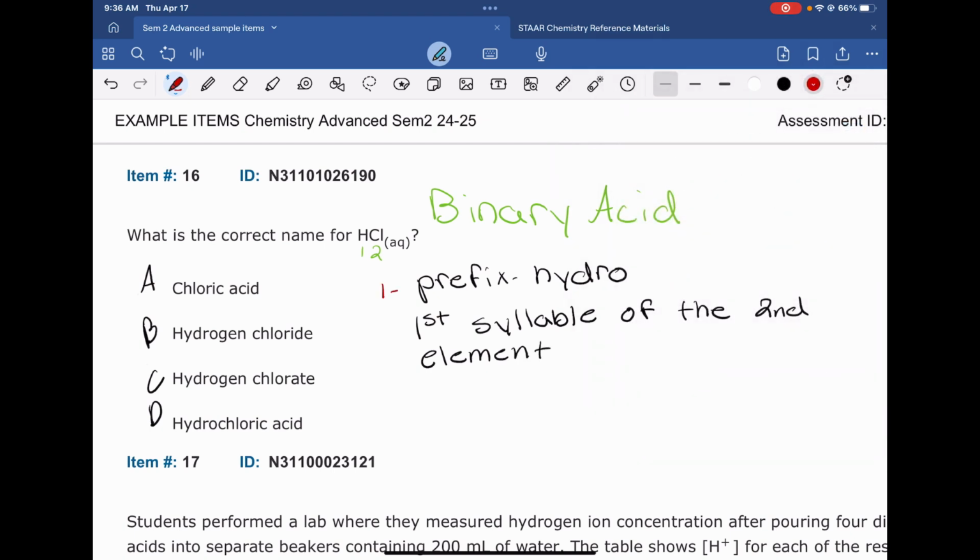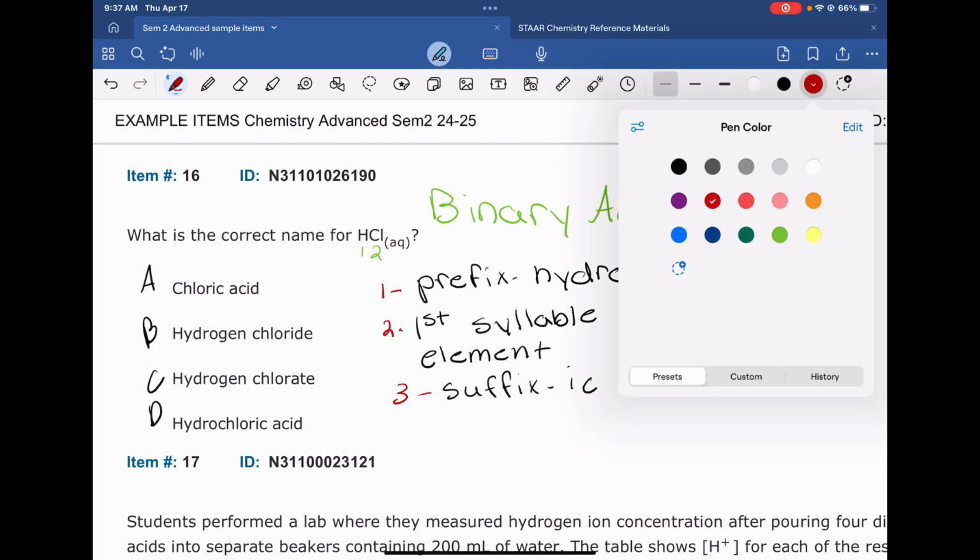So this is step 1, step 2. Step 3 states that you use the suffix IC. Okay, so using those steps, we're going to go ahead and name HCl.